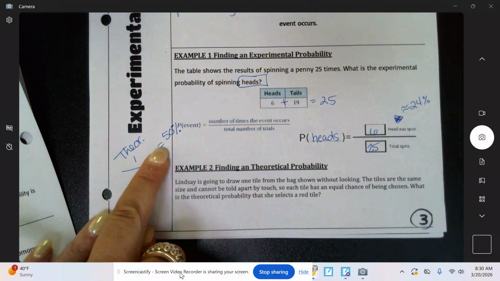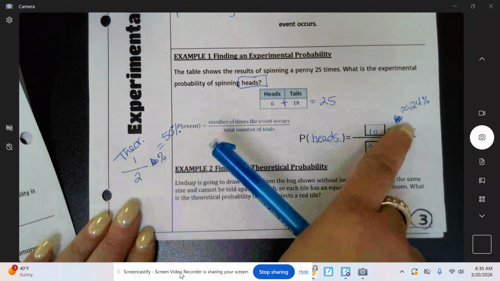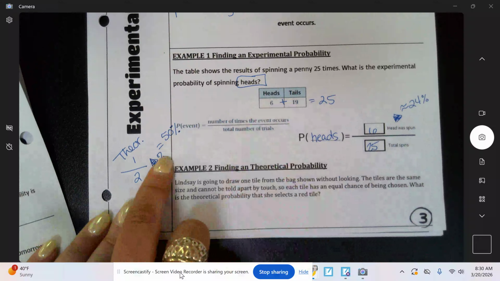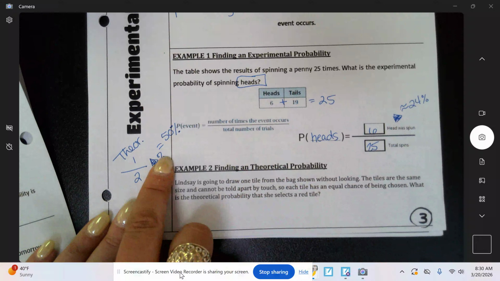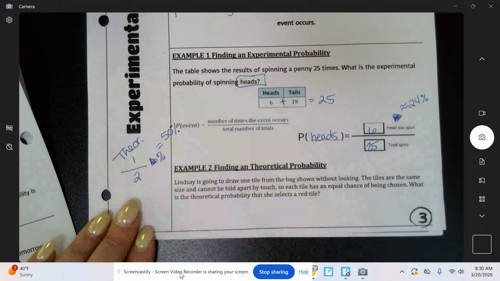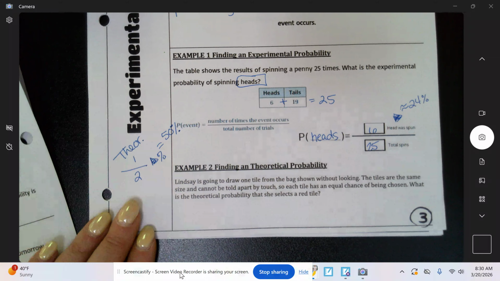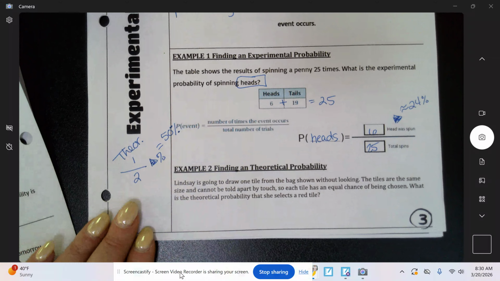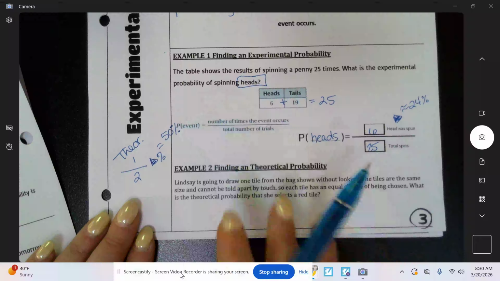This is theoretical. This is experimental. Did my experimental line up with my theoretical? No. That's when we know some kind of human error took place. Because what if he wasn't spinning it the same way every single time? Or what if it kept falling off the table? Or anything could have been happening to make this not line up.